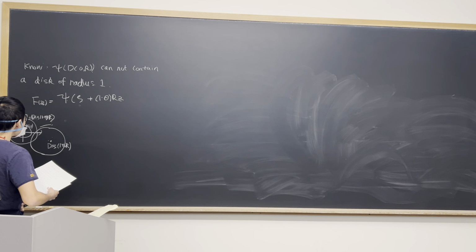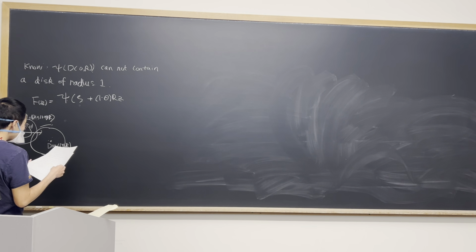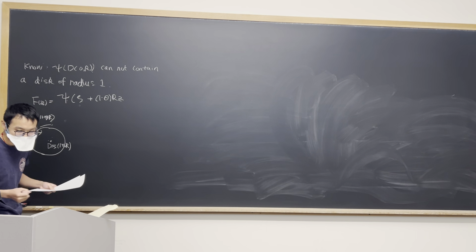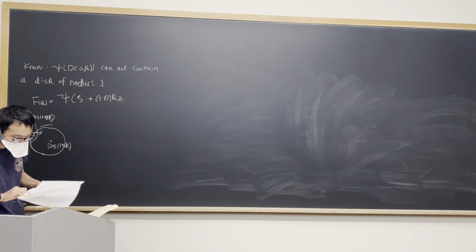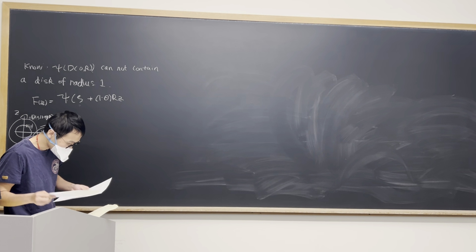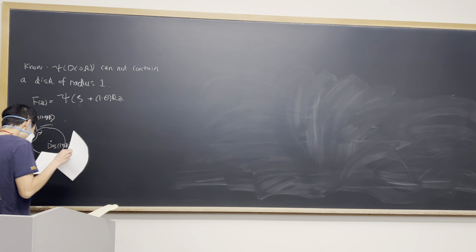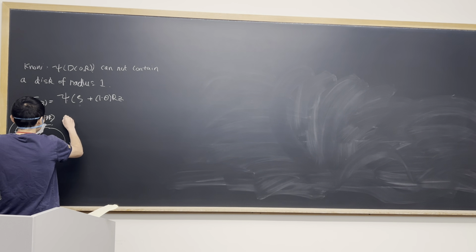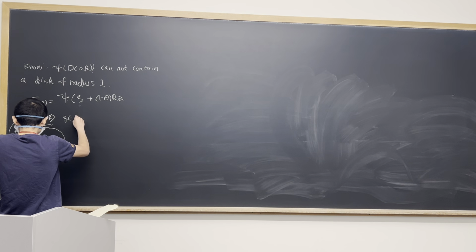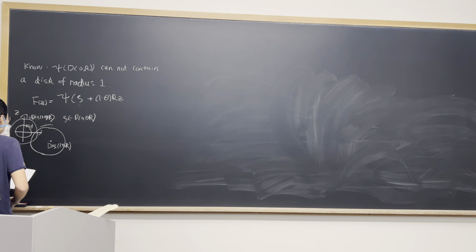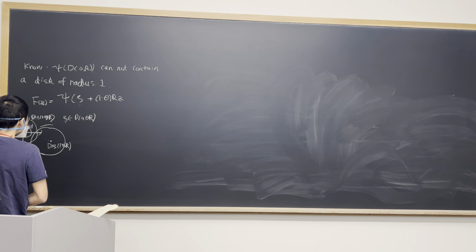So this zeta is in, let me see, the disk centered at 0 of radius theta r.